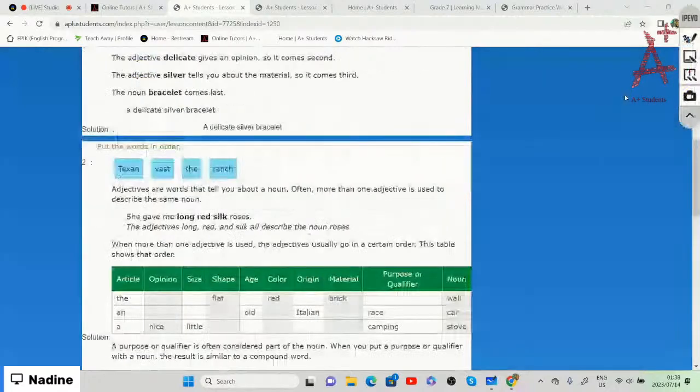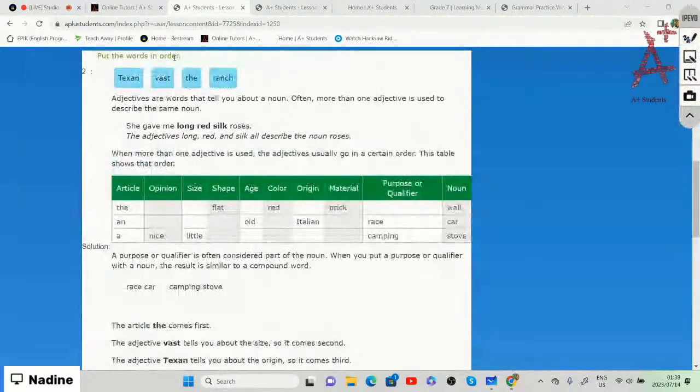All right, let's go to the next one: Texan, vast, the, ranch. We need to put that in order, so we need to also look at the table that shows the order.